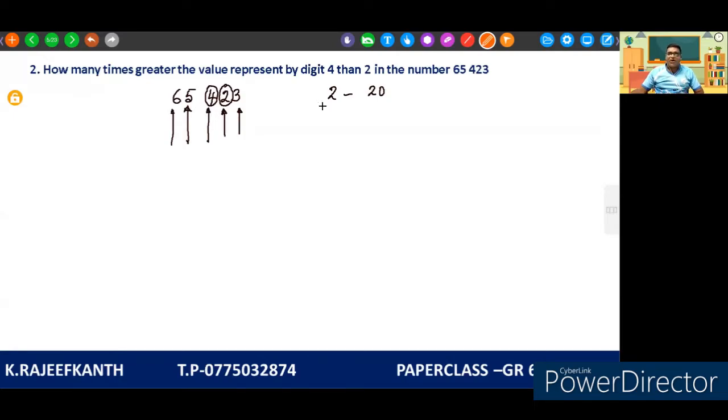So there are 4 hundreds. Then the value of 4 is 400. Right? So these are the values of 2 and 4.